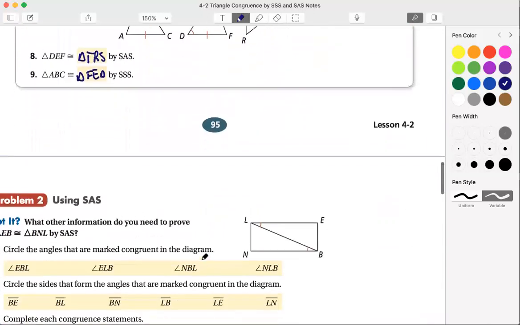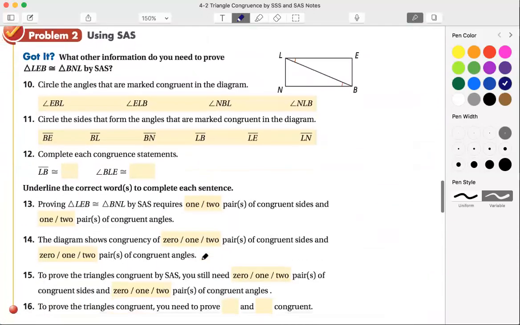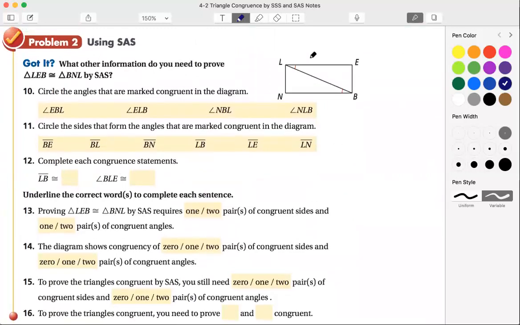So let's try making a proof here with SAS or something like it. So here we go. We want to prove triangle LEB, so this top triangle, is congruent to BNL, the bottom triangle. Circle the angles that are marked congruent in the diagram. So angle ELB is congruent to angle NBL.